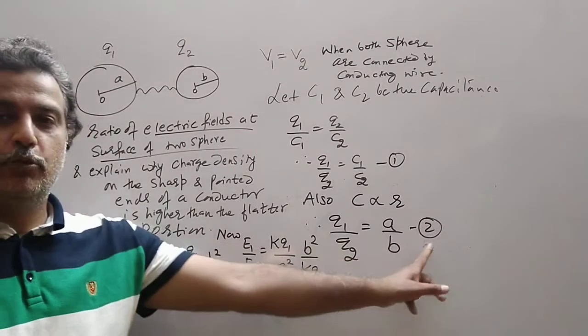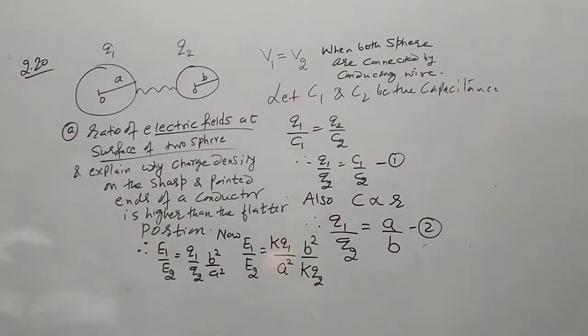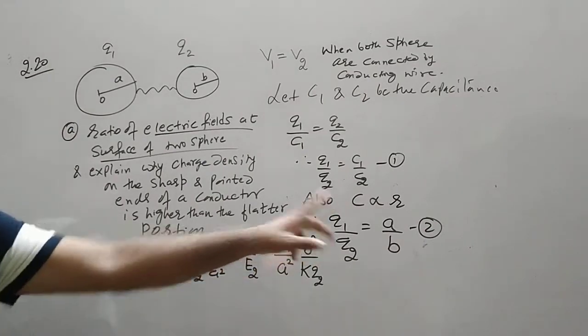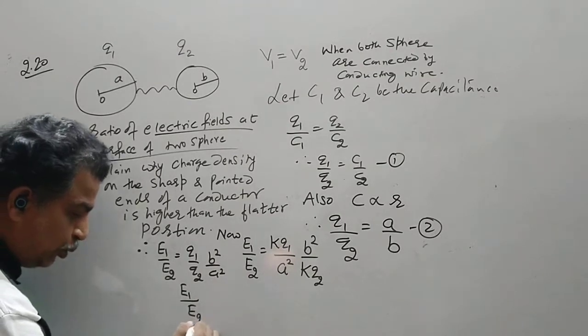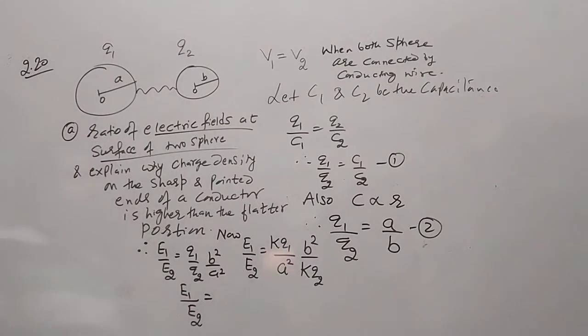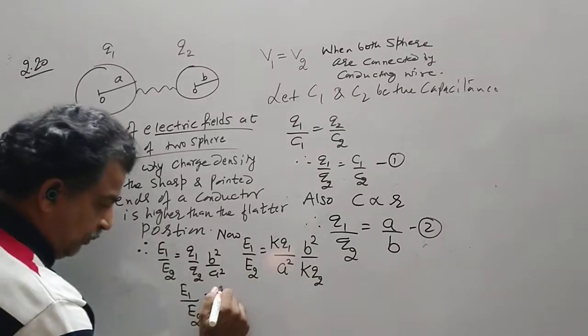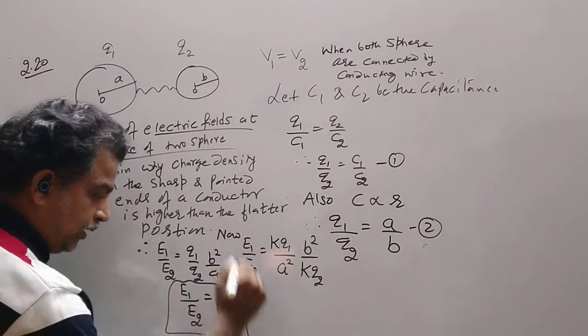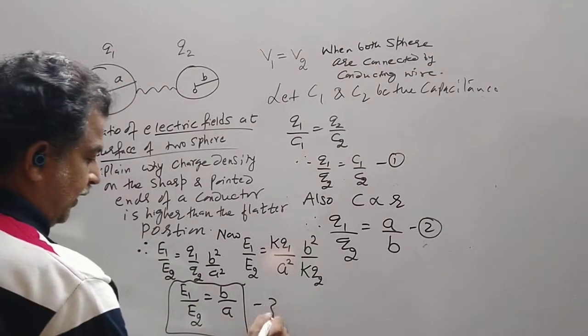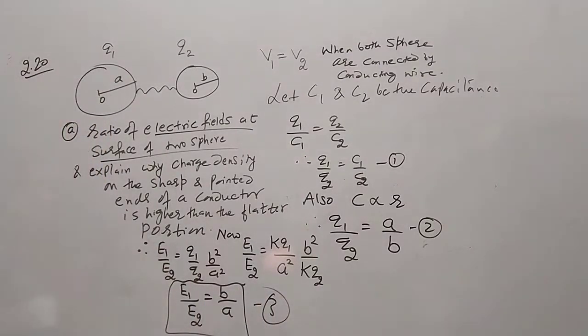Now using this equation 2, Q1 upon Q2 can be written as A upon B. So E1 upon E2 is equal to, if I substitute A and B here, it becomes B upon A. So remember that the electric field intensity is inversely proportional to the radius.